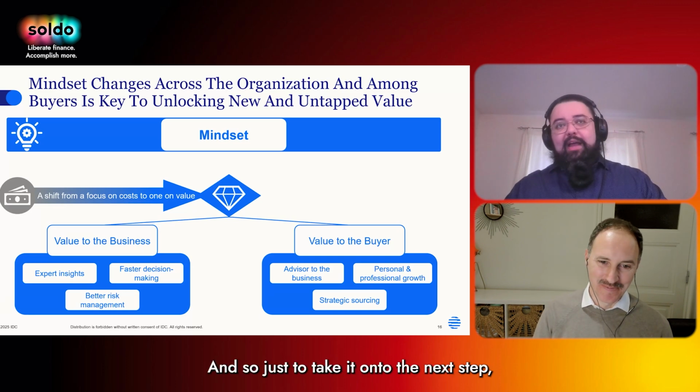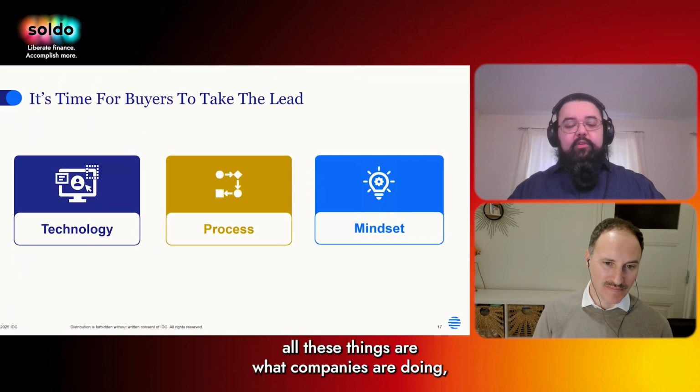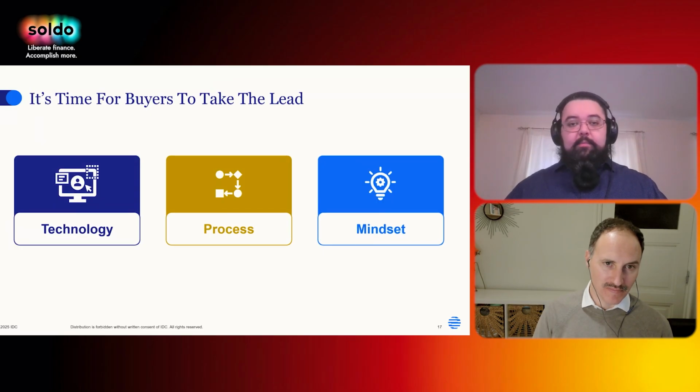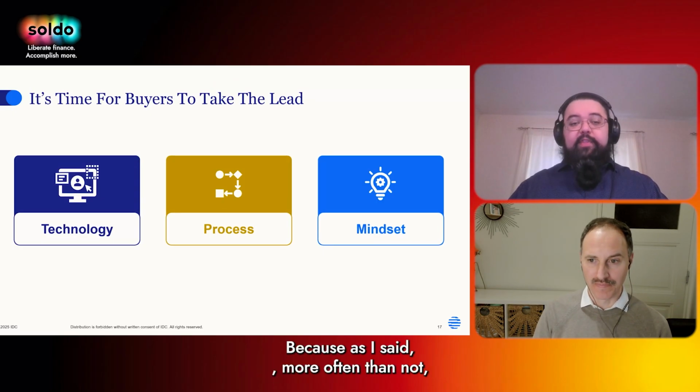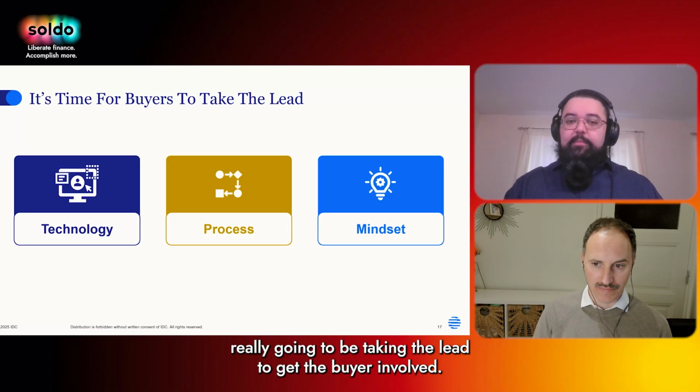Exactly. And so I guess just to take it on to the next step, because I think it's great to say that all these things are what companies are doing, but from a buyer's perspective, how can you influence it? Because as I said, more often than not, if a buyer doesn't get involved, the business isn't really going to be taking the lead to get the buyer involved.